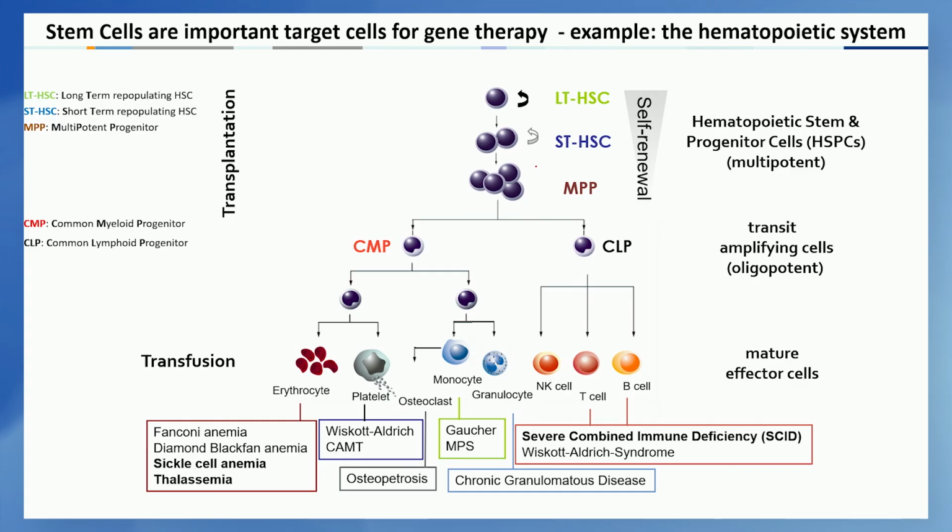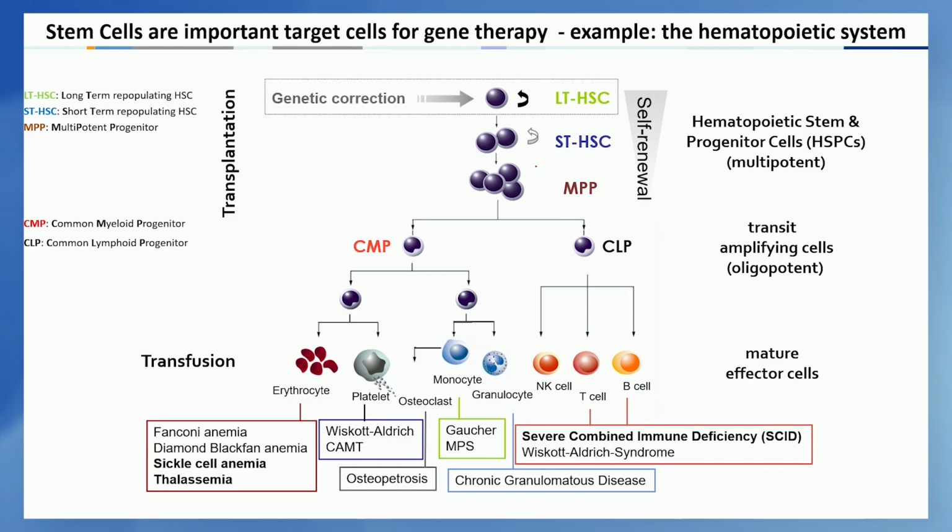So to remind you about the hematopoietic system, we have long-term repopulating hematopoietic stem cells, LT-HSCs, we have transit amplifying cells, we have multipotent progenitors, and those at the end differentiate towards all the different blood cells we have in our body. If you're sick, you see the effect of a defect which is already at the level of the stem cell.